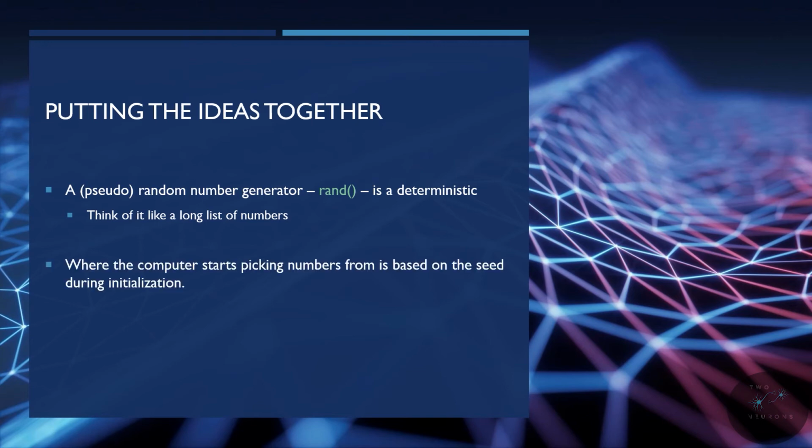Now, a seed is the way in which the computer determines where to start picking the numbers from, and that is determined during the initialization process using srand. If we use a value like 200 or 1 or 3 or 666, which is useful for debugging purposes, the sequence remains the same each time. That means if I start a program and my seed value is 200, it will pick a number to start with.